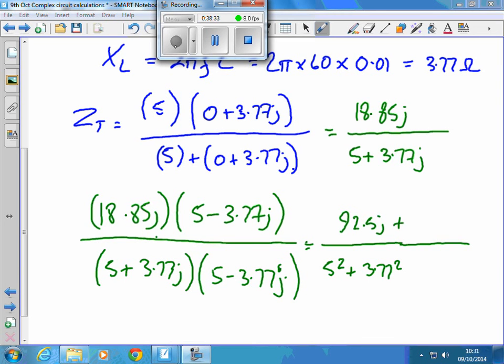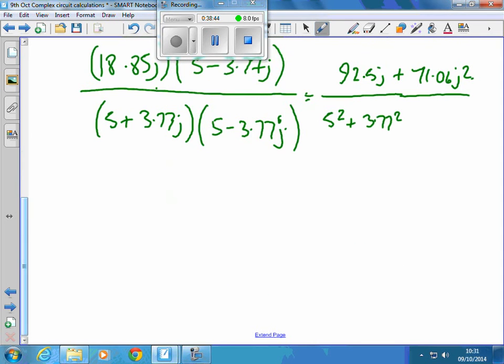Would everyone else agree with that? So what is 71.06 J squared?